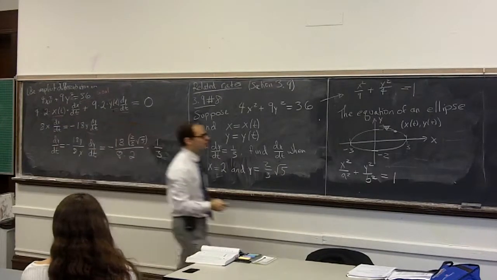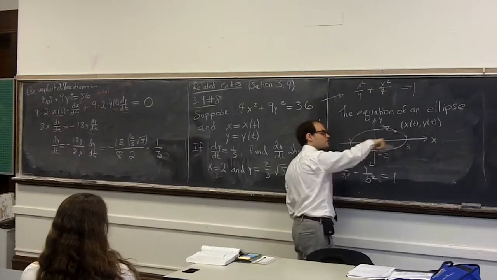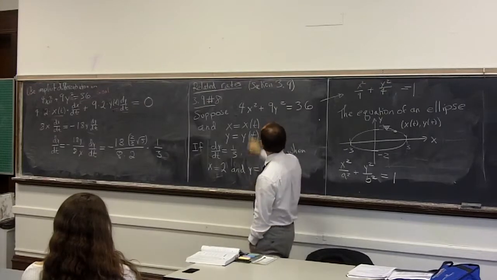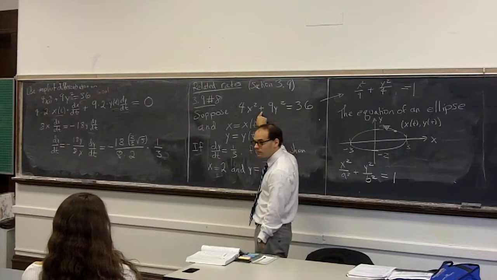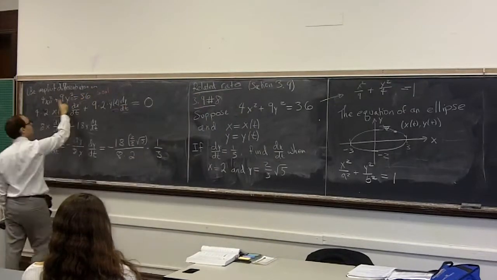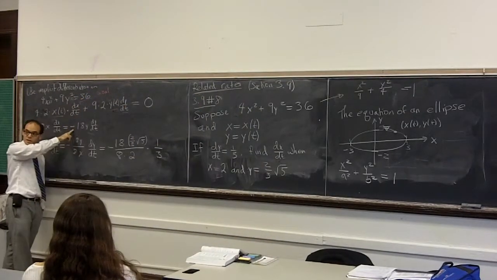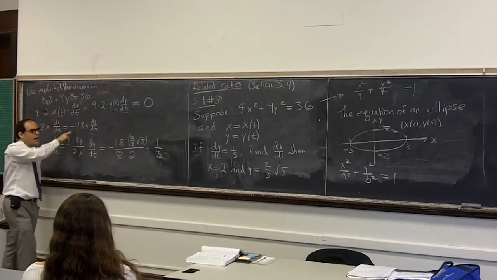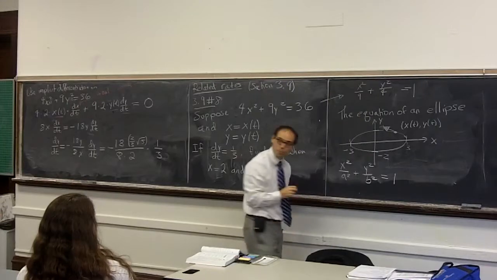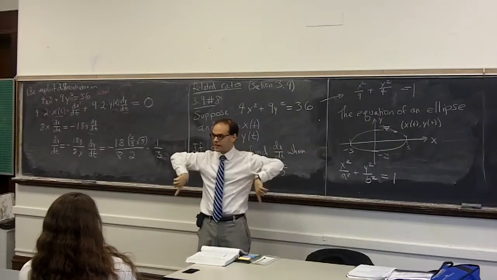This is what's actually making you go around the ellipse as opposed to going off like that. If in fact we have an equation with a minus sign here instead, that minus sign would show up here and flip this to a plus. Then they'd be going the same way. And instead of having an ellipse, if I replace this with a minus sign, I get a hyperbola. So things that go like that.